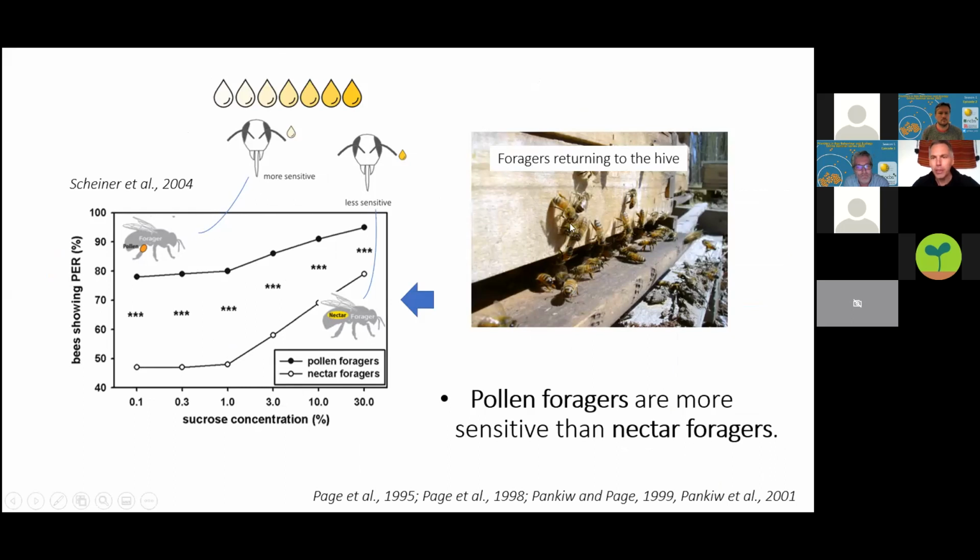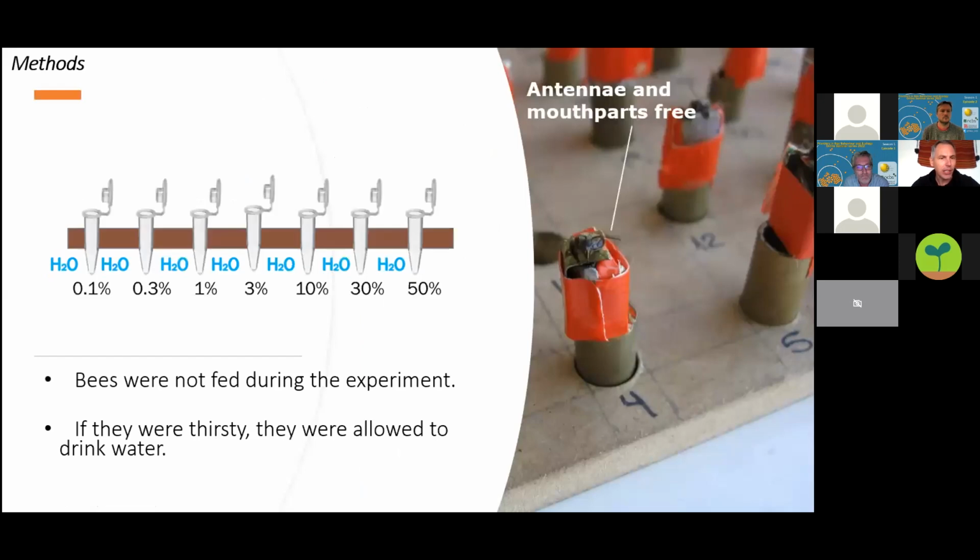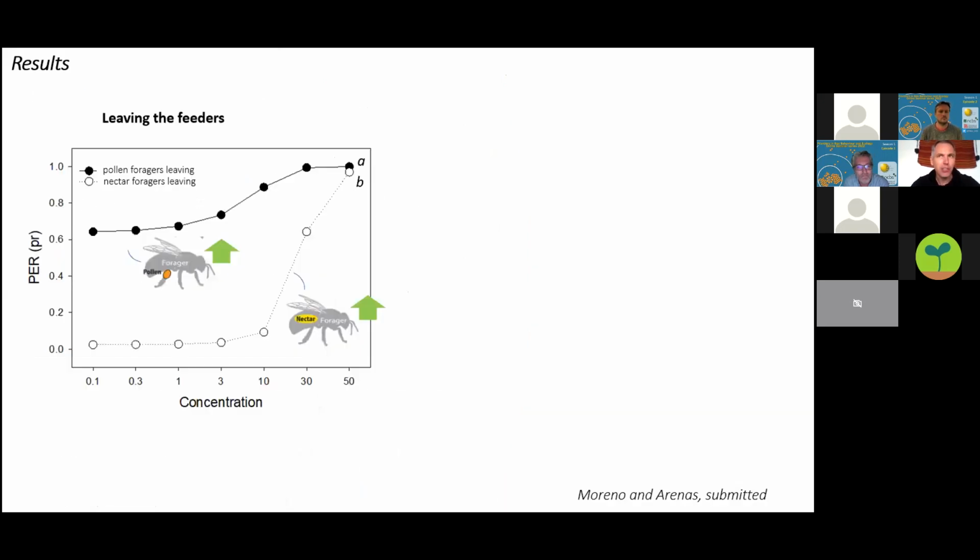And in this experiment, foragers were captured at the entrance. And here, similarly, we captured the bees not at the entrance, but when they were leaving the feeder. So it's almost the same internal condition of the bee. Those differences might be because this nectar forager is full of nectar, probably satiated, and this pollen forager is hungry.